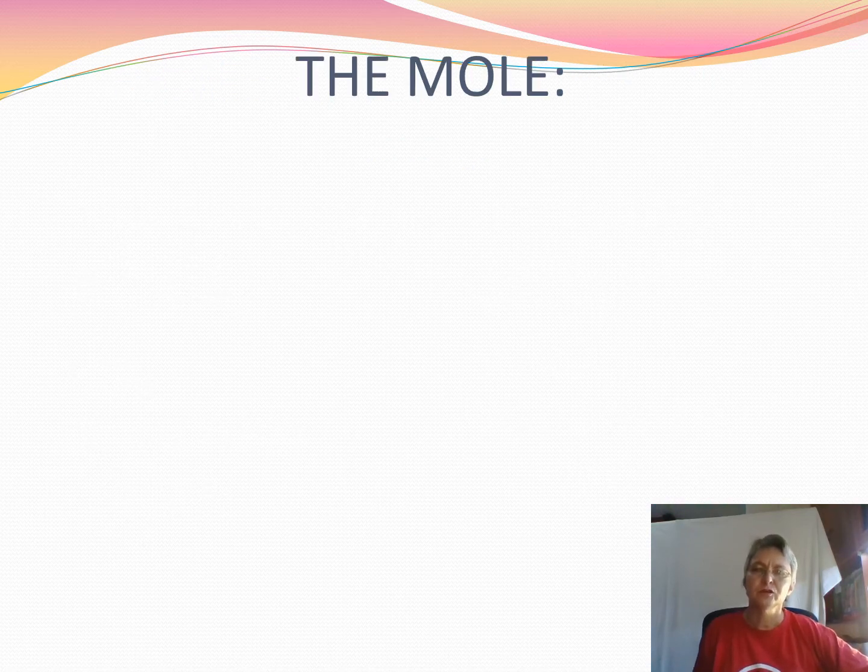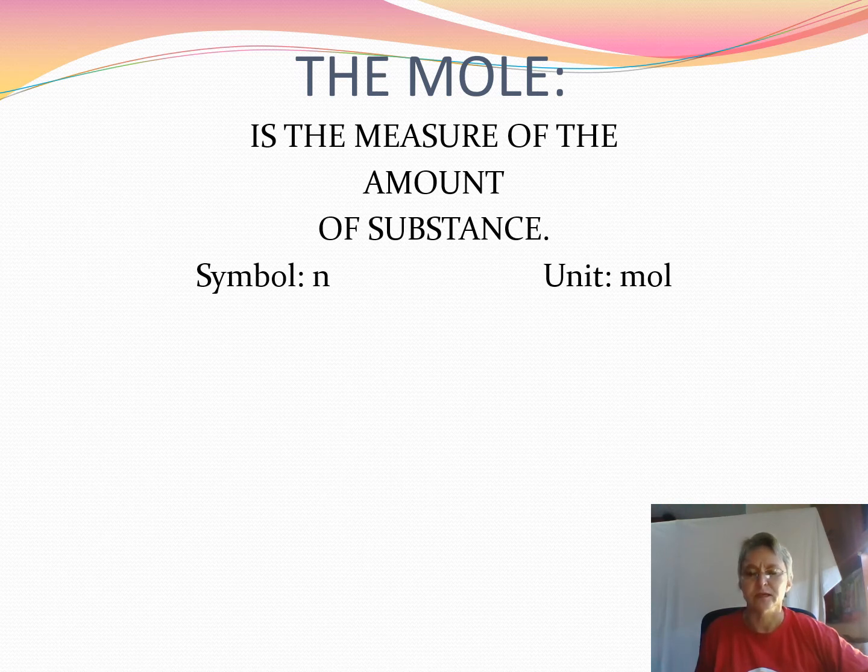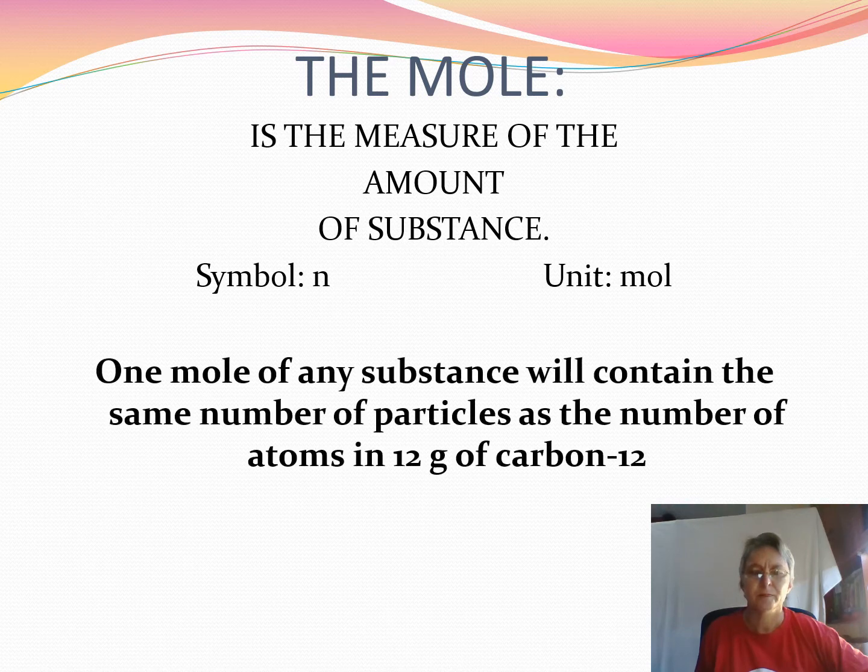Next, we get to the concept of the mole. It is the measure of the amount of substance. We use a little n to symbolize the mole, and the unit is written as mol. 1 mole of any substance will contain the same number of particles as the number of atoms in 12 grams of carbon 12.